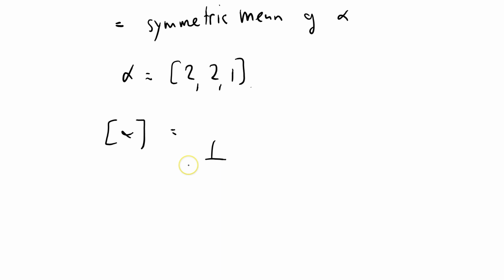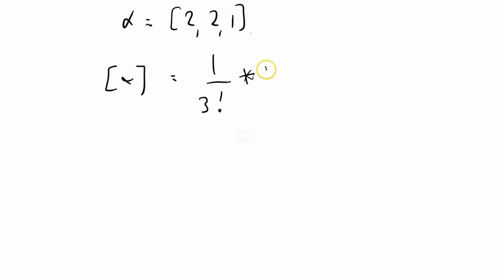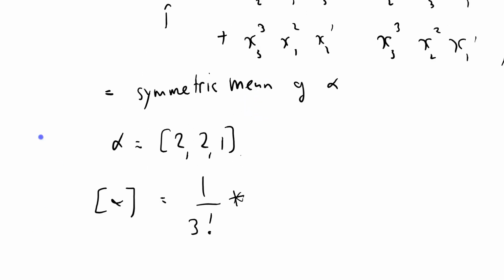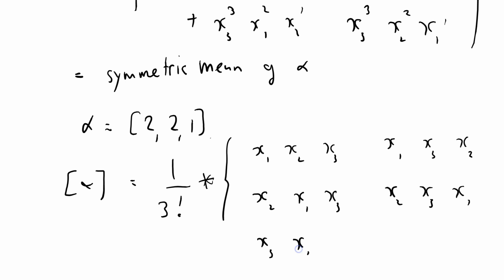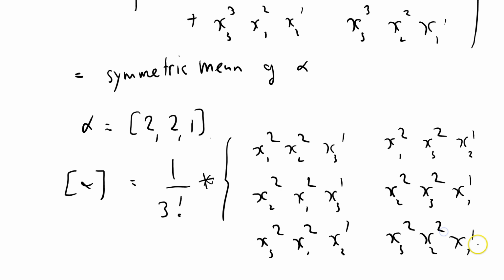Well, it's 1 over 3 factorial, which is 6, of course, times, let's put everything in brackets, x1, x2, x3, x1, x3, x2, x2, x1, x3, I'll put the powers in later, x2, x3, x1, x3, x1, x2, x3, x2, x1, to the power 2, 2, 1 for each. Okay?